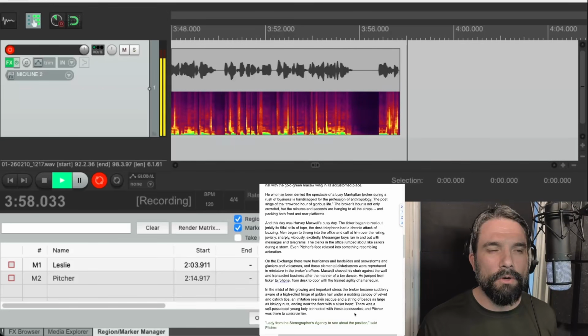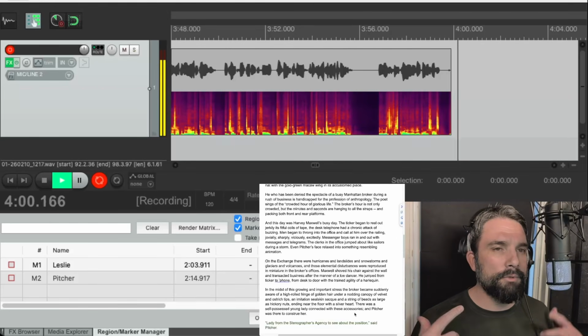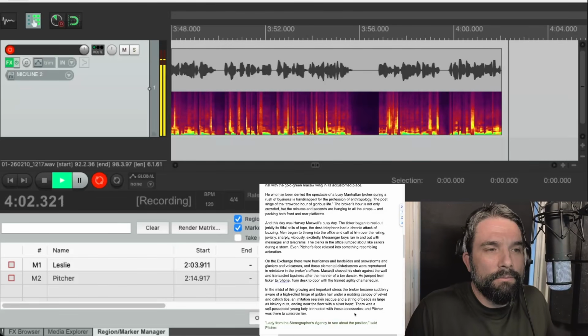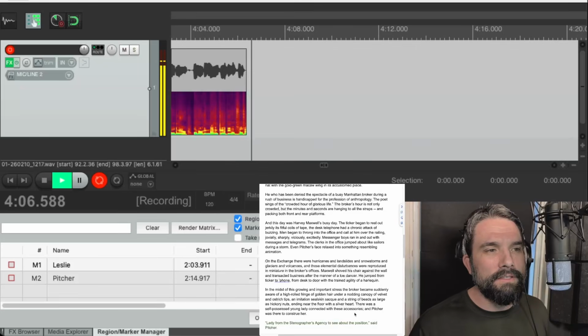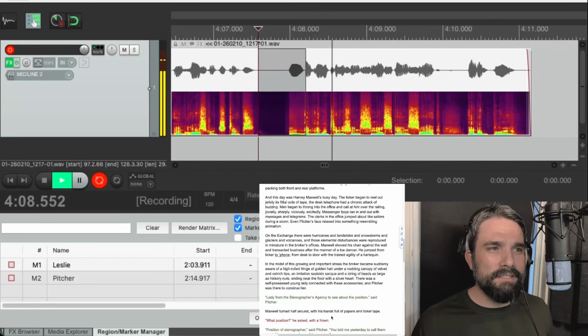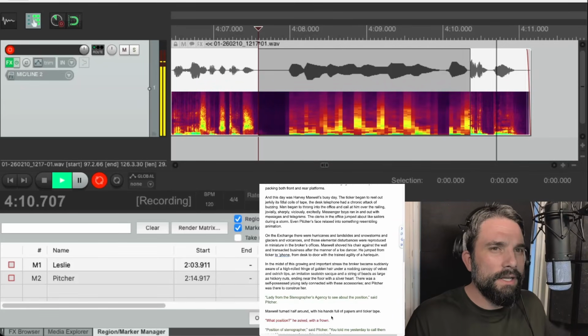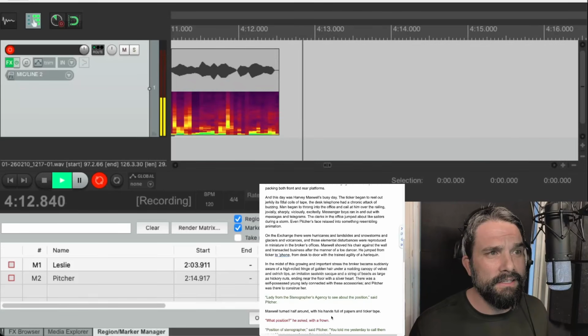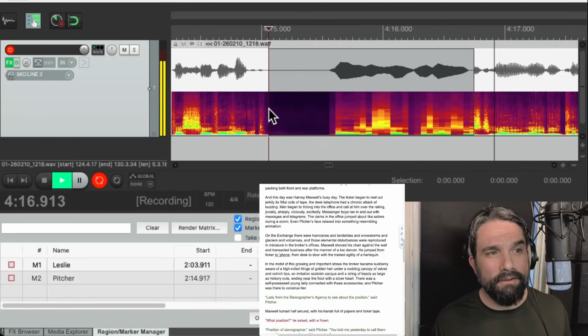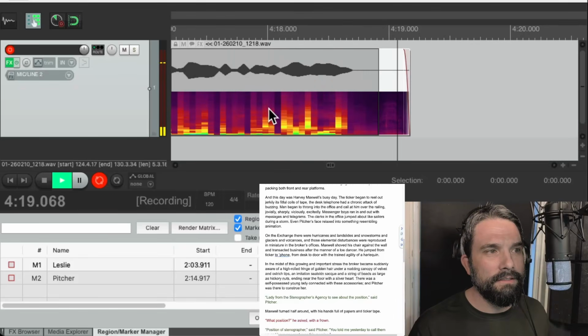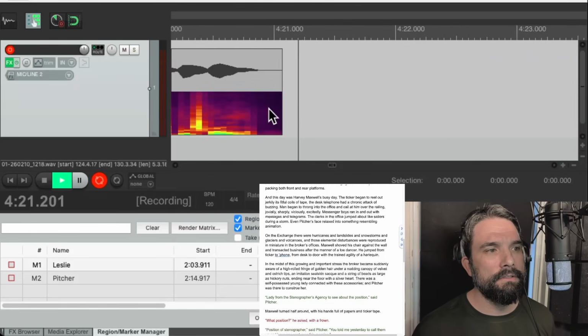In the midst of this growing and important stress, the broker became suddenly aware of a high-rolled fringe of golden hair under a nodding canopy of velvet and ostrich tips, an imitation sealskin sack, and a string of beads as large as hickory nuts ending near the floor with a silver heart. There was a self-possessed young lady connected with these accessories, and Pitcher was there to construe her.